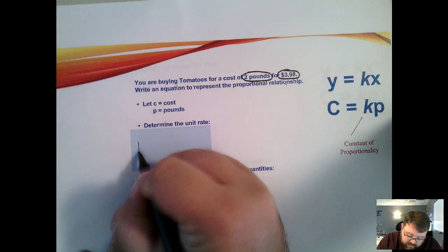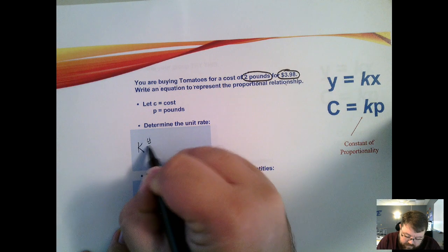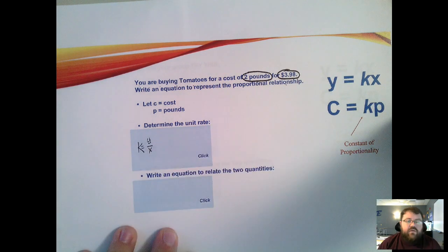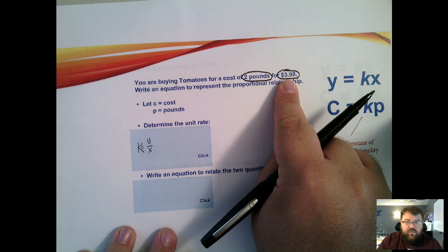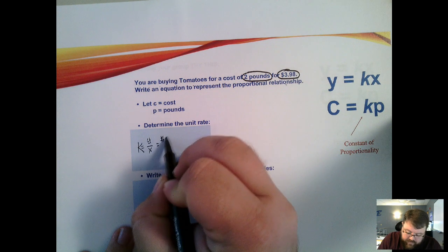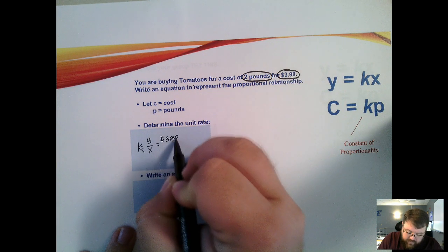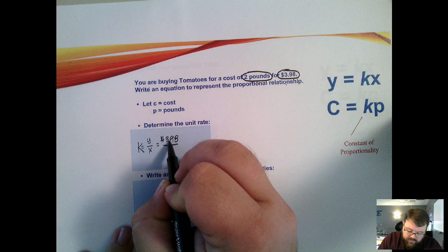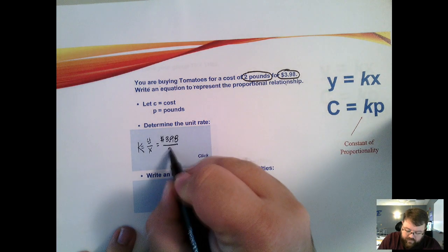So our constant is Y divided by X. Okay, so that's going to be Y, $3.98, X, which is 2.